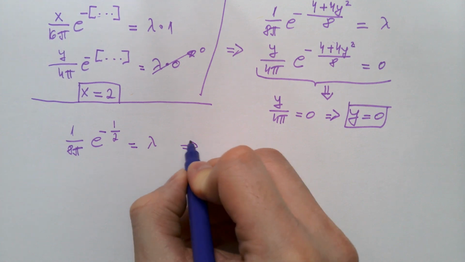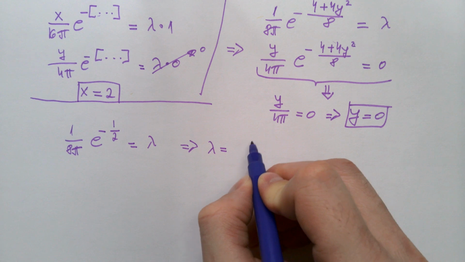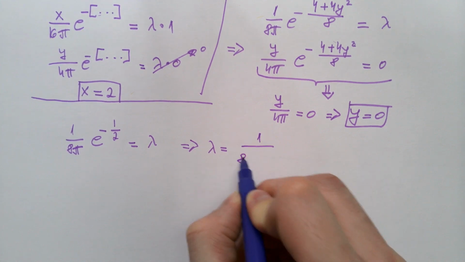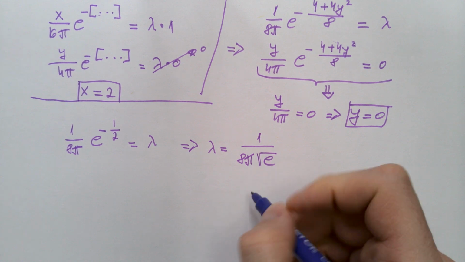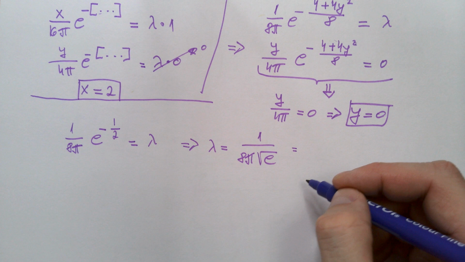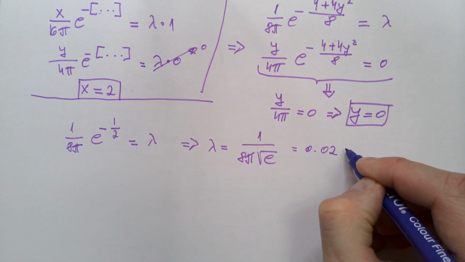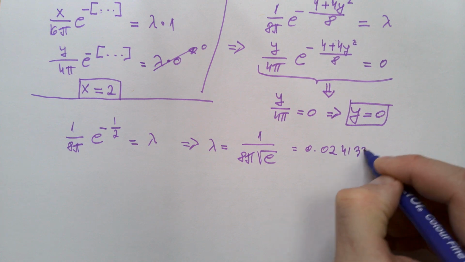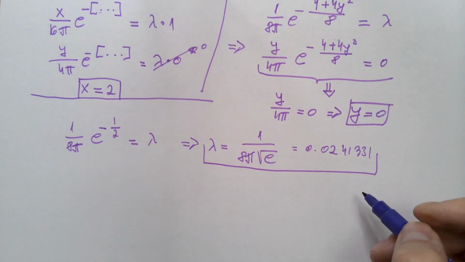We can make it a little bit nicer. We can write that lambda is equal to 1 divided by 8 pi times square root of e. And if you want this in numerical values, I did the calculation, it's 0.02413331. So we have our lambda as well.